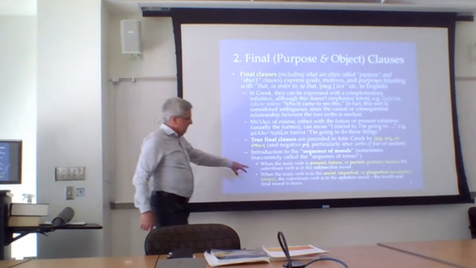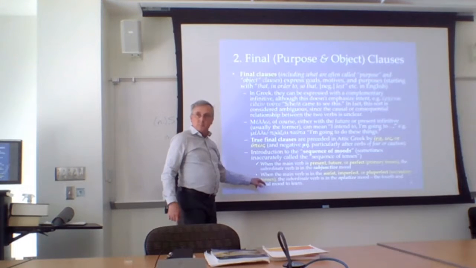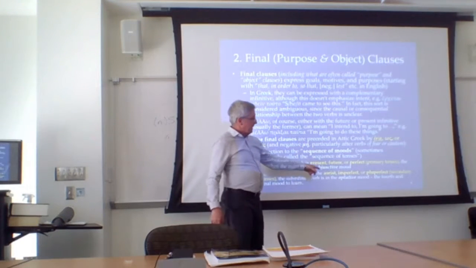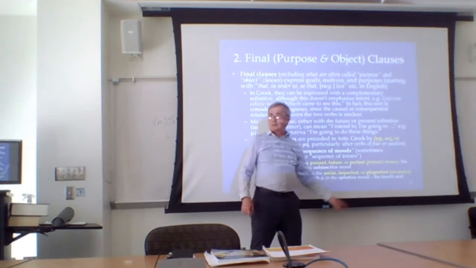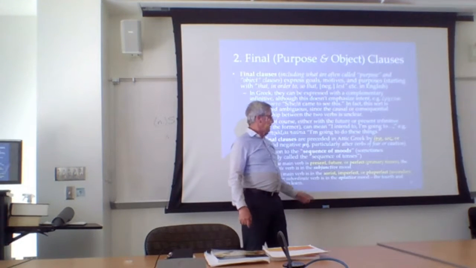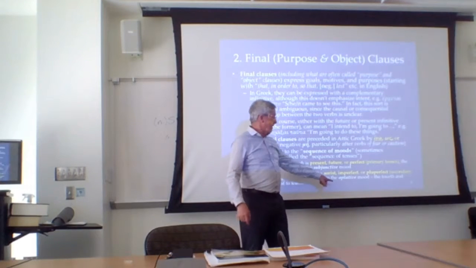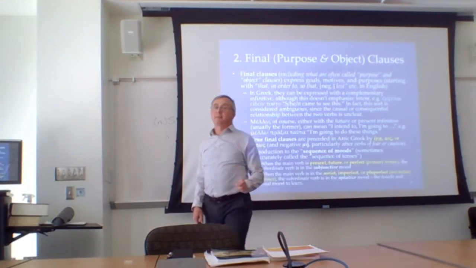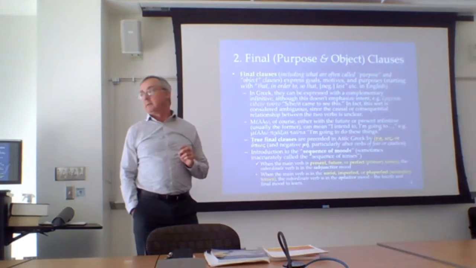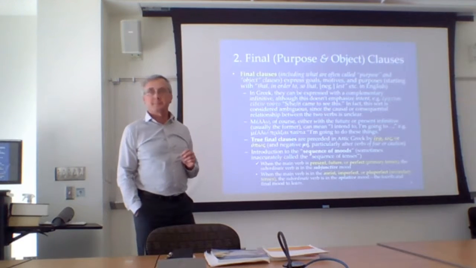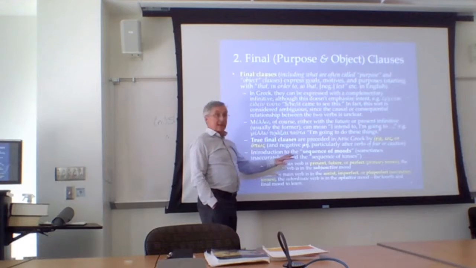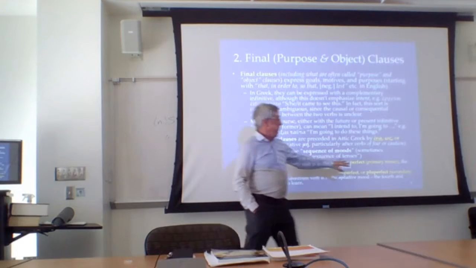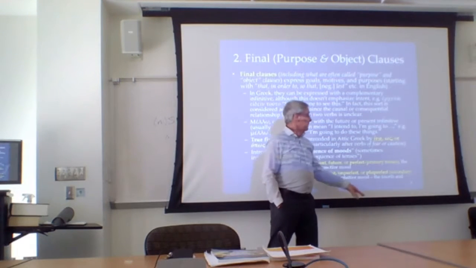Now, the complete rule here is that if it's in one of your secondary tenses, the aorist, the imperfect, or the pluperfect, then your subordinate verb is going to be the optative. You've not learned the optative yet, but you will in a few weeks for the semester itself. These are called secondary tenses that take secondary endings. Pluperfect actually takes straight up secondary endings.